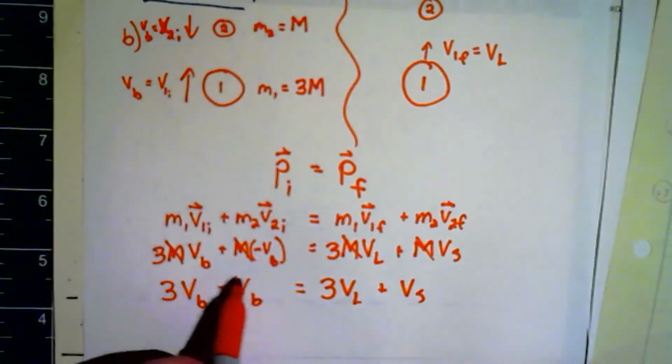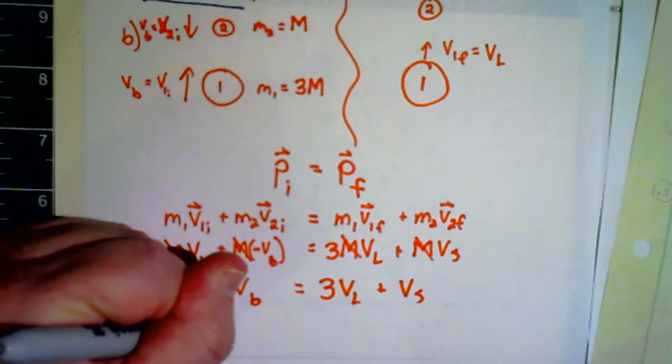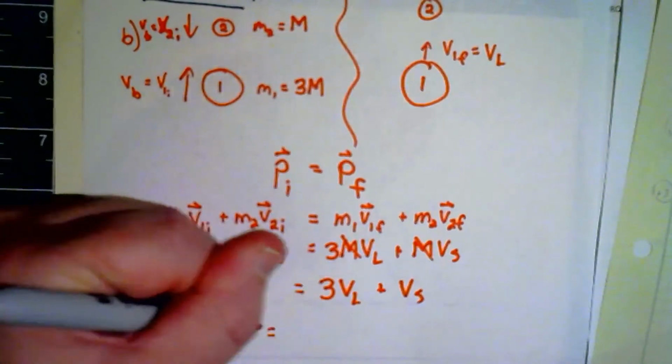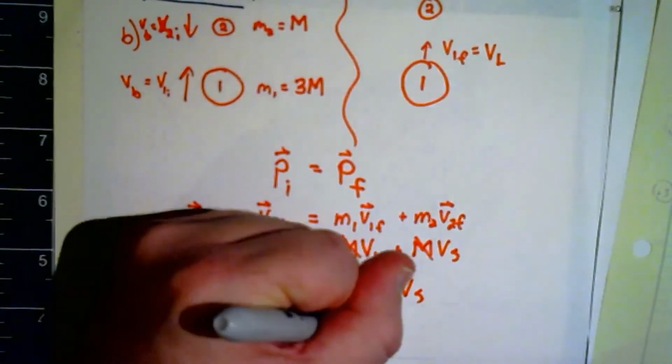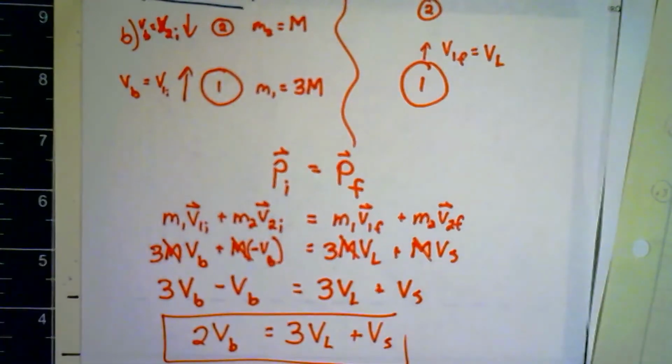About the only thing I can do here is subtract 1 VB away from 3 VB. And so I'll have 2 VB is equal to 3 VL plus VS. And that's our solution for part B. It doesn't tell us to solve for anything. It just says to derive an equation that relates those three variables together. And that would be it.